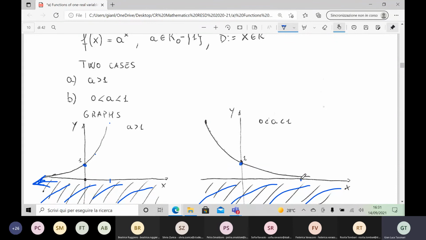You have 1 over 2 to the power 100, so 1 divided by a super big number, which is approximately equal to 0. So the bigger x, the smaller the value of the function. So the function decreases, becoming closer and closer.